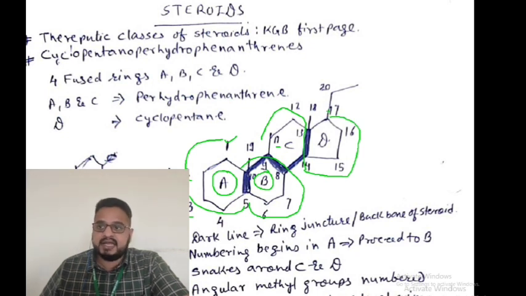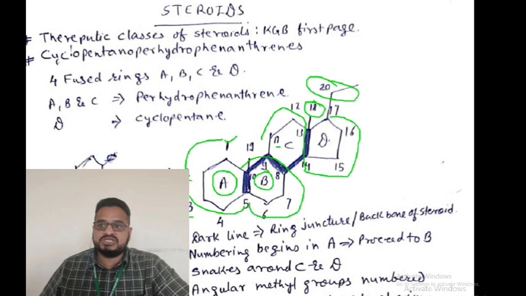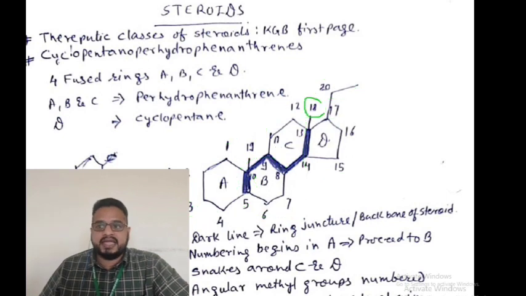Please take care that after 17 here, we are not going to number this as 18. The number 18 will be given to the angular methyl group. Please check this. This one is the angular methyl group. These two are the angular methyl groups.